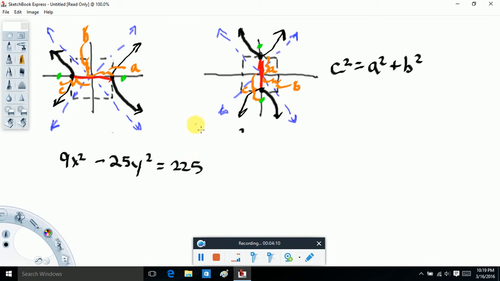Now the first step is to get it in standard form. In order to get it into standard form, we have to get a 1 on this side, so we divide.